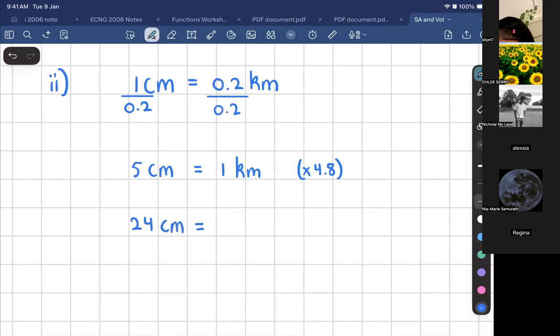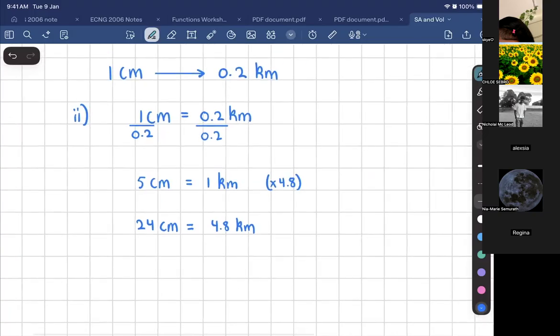And what is 1 by 4.8? 4.8. Yep. So 4.8 kilometers in real life would be represented by what distance on the map? 5? No, 24.